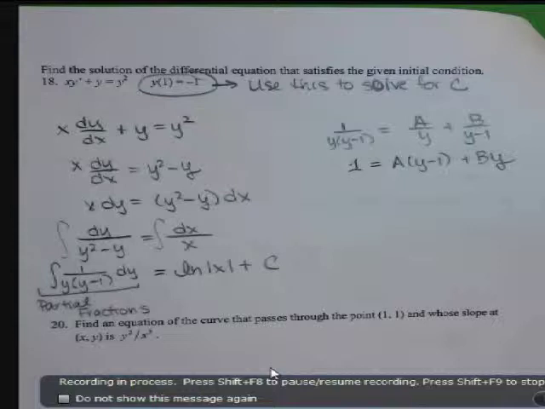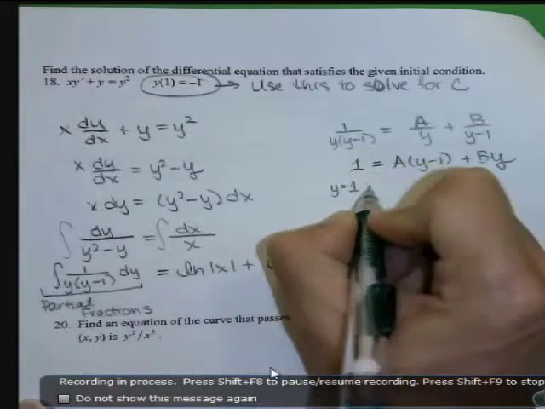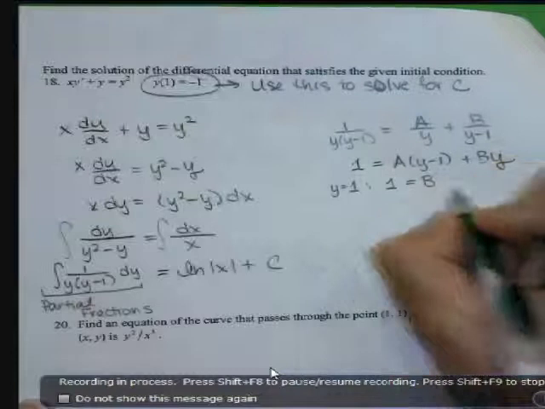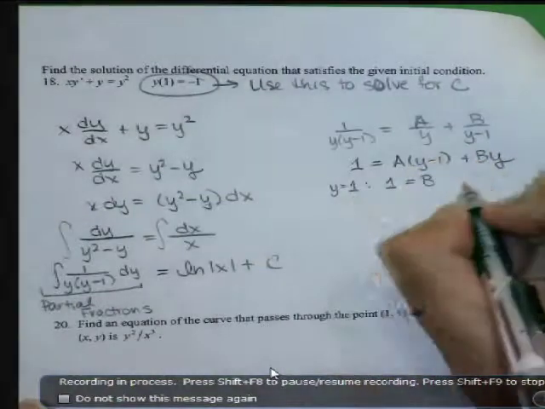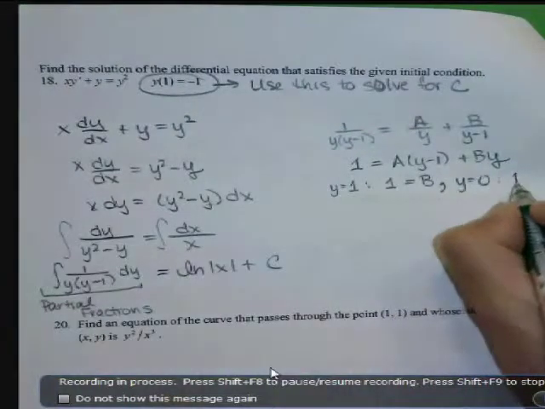And then what should I do? Y equals 1. And so we get 1 equals b. And what's the other thing we should plug in? 0. And we get 1 equals negative a.